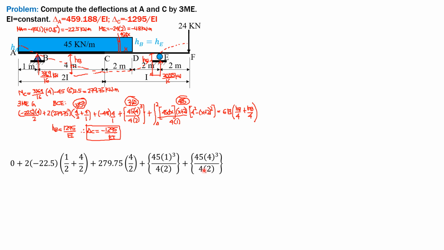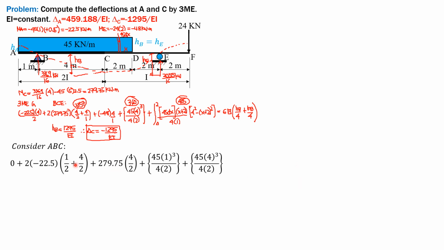Then that 2 there is the moment of inertia. Equals. So this time the reference horizontal line is through B. Therefore, HA is just HA, while HC is delta C, which is negative 1295 over EI. So equals 6EI quantity HA over 1 plus negative 1295 over EI over 4.